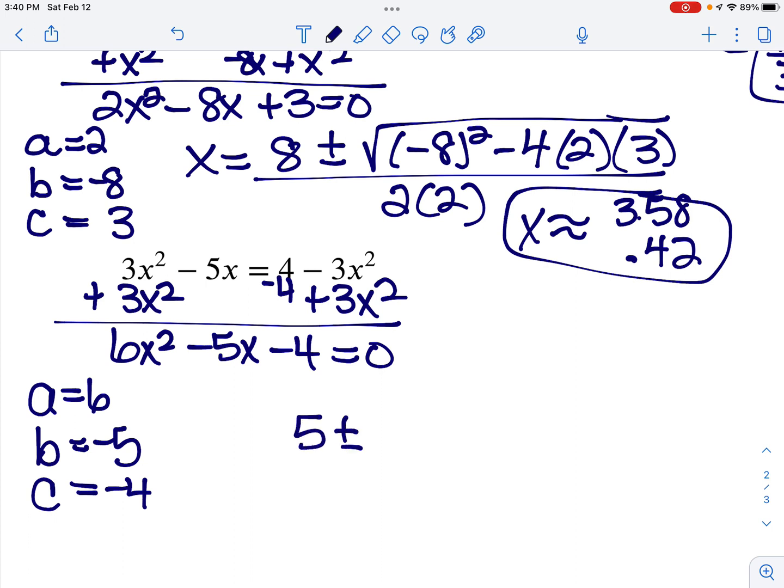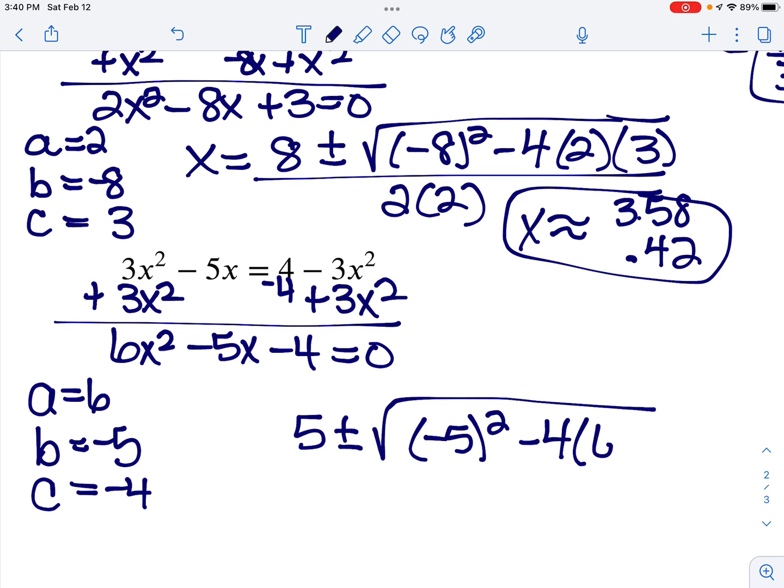It's going to be positive 5, because the opposite of negative 5 is 5. And then b squared is negative 5 squared minus 4 times 6 times negative 4 all over 2 times 6.